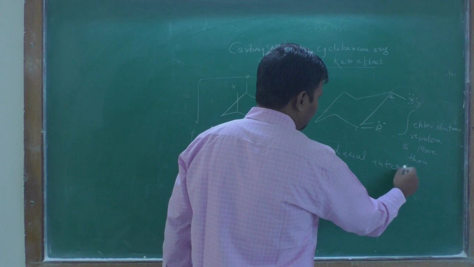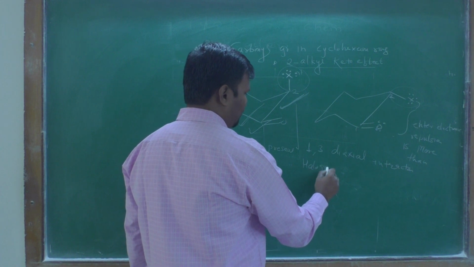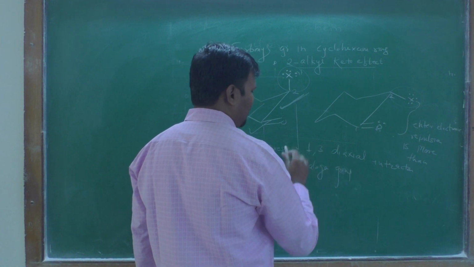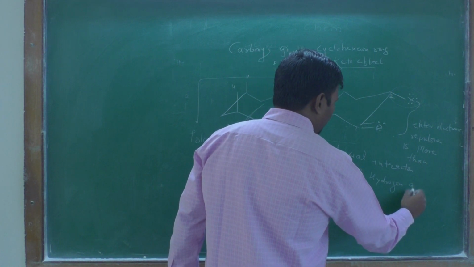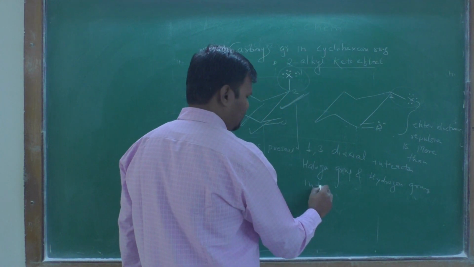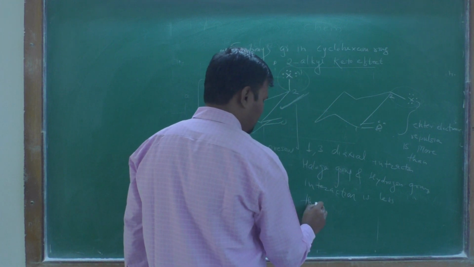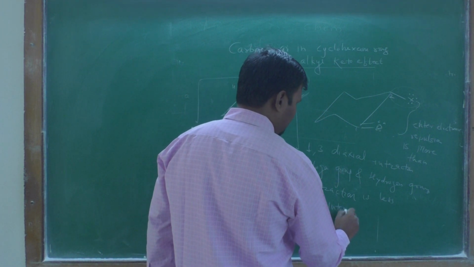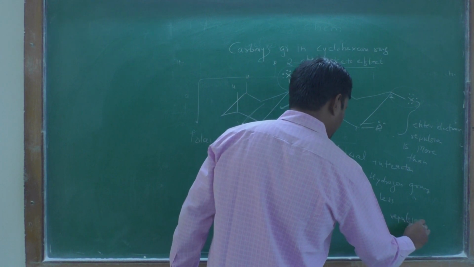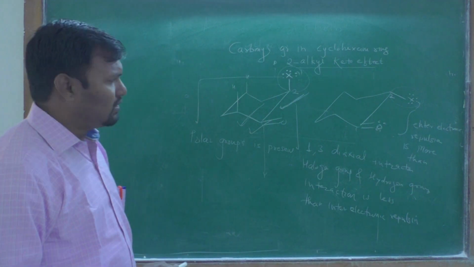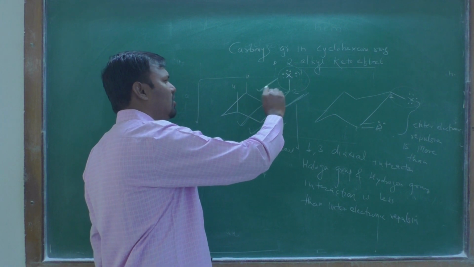In this case, the interaction between a halogen group, or any polar group, and a hydrogen group is less than the inter-electronic repulsion. Therefore, in this case, this conformation is stable.